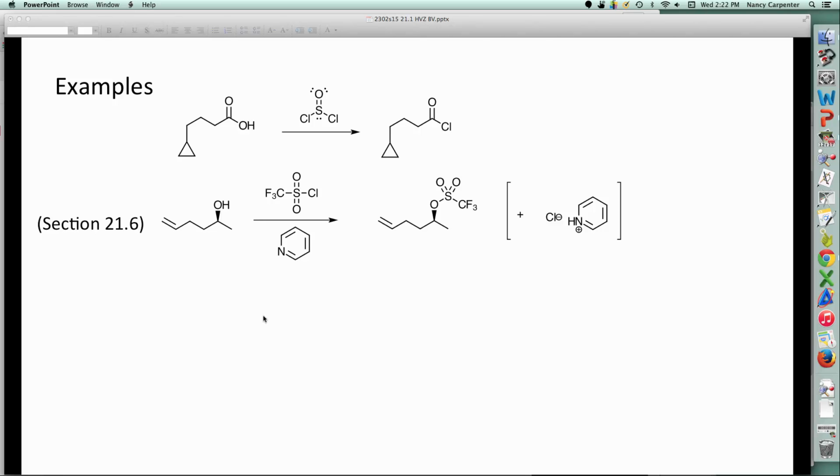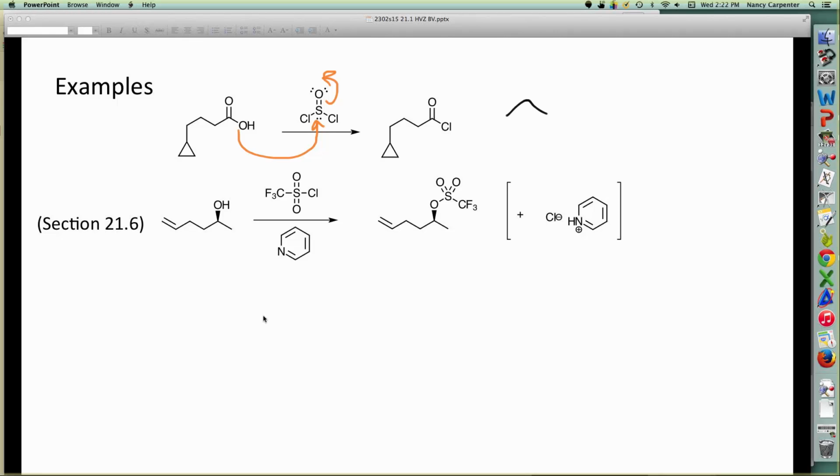Okay, now I'm doing a little skipperoo here, and I'm throwing in this next example from two sections ahead, section 21.6, because I want you to see how similar all this stuff is. So here I have an electrophile that's going to react with my sulfur-oxygen double bond.